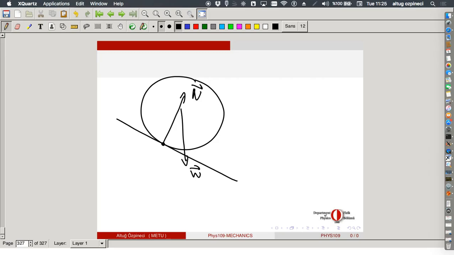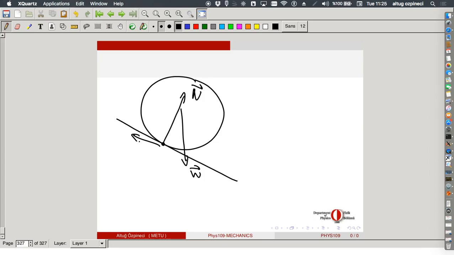We don't know. It will be upward, but we will derive it. You see, for example, if there was no incline, if it is just rolling at constant velocity, there is no friction force.